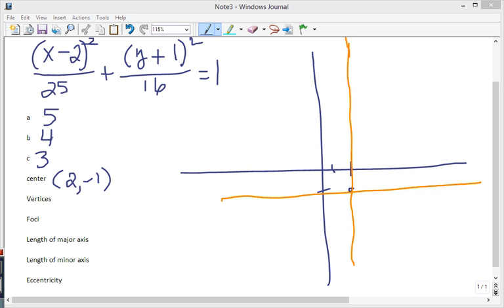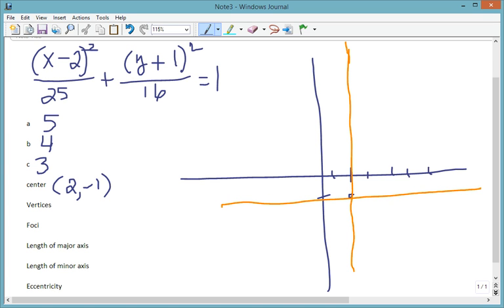And since the larger number was under the X, it's along the X-axis, my new X-axis, right? So 1, 2, 3, 4, 5. It's going to be right there. And 1, 2, 3, 4, 5. So what are those vertices?